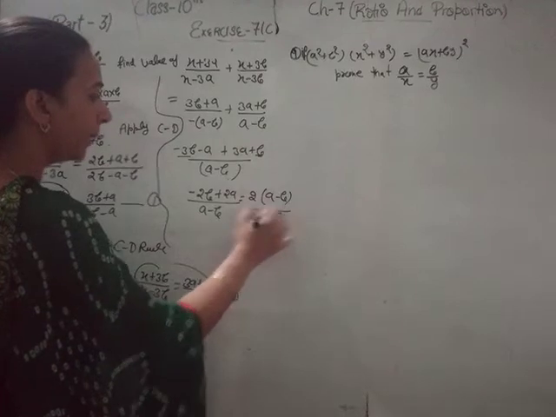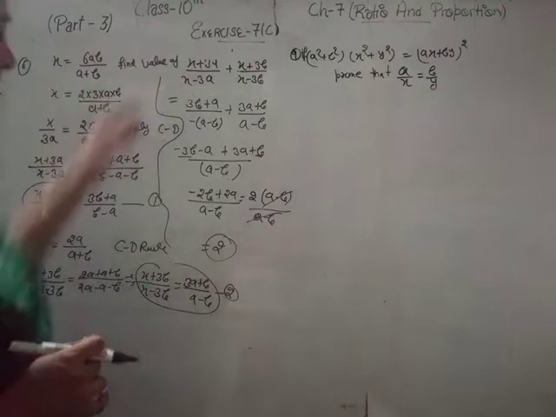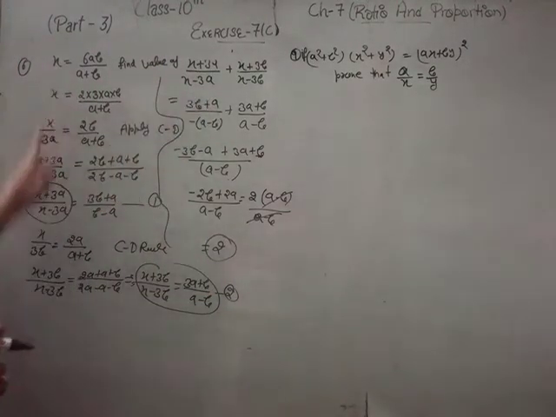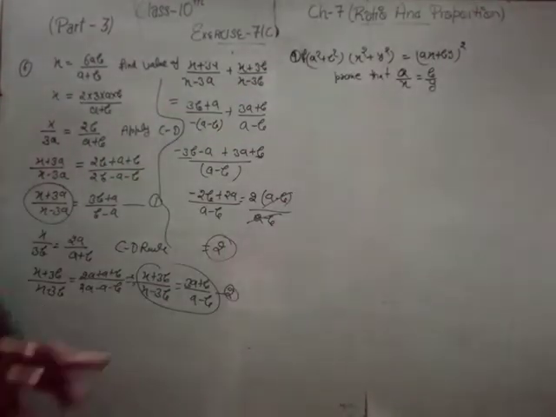A minus b cancel out, then this equal to 2. Okay, value of this complete equal to 2. Okay, first you find the value of this by componendo and dividendo. Next you find the value of this same as it is by componendo and dividendo.